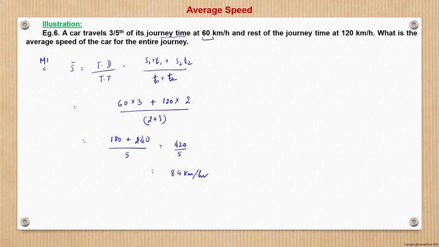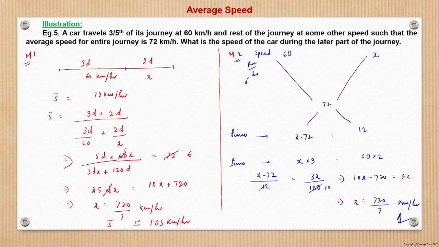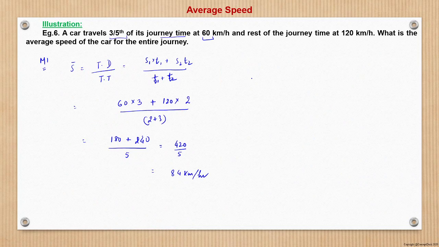So here we should note that in the previous problems this fraction was of the distance. Now here the fraction was of the time. So when it is time, the problem becomes less severe. Why? Because we need not deal in terms of fractions as we did there, right? So therefore it is much simpler.